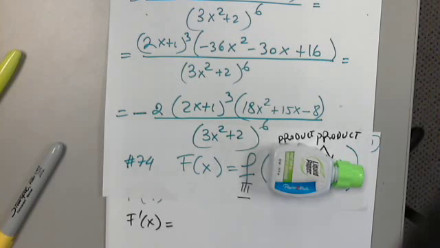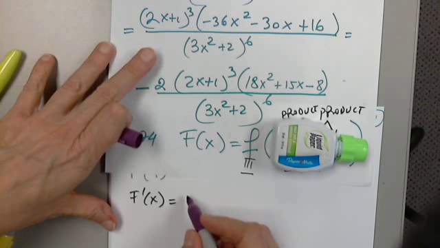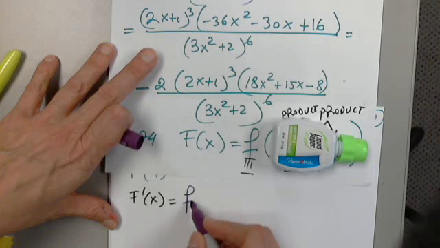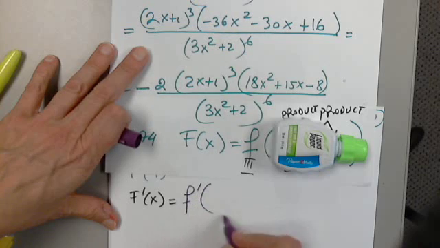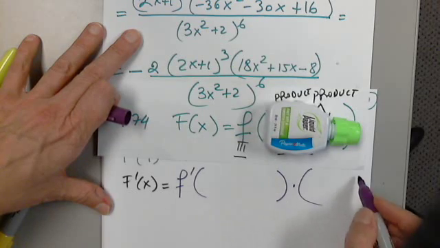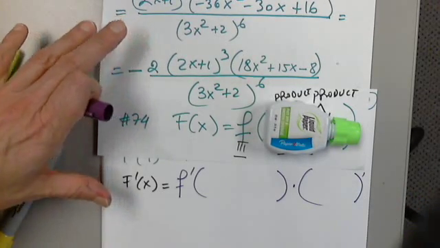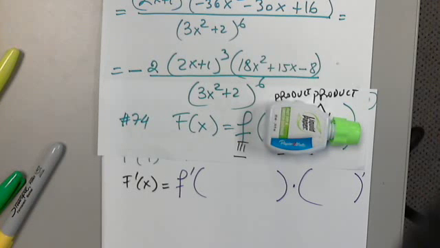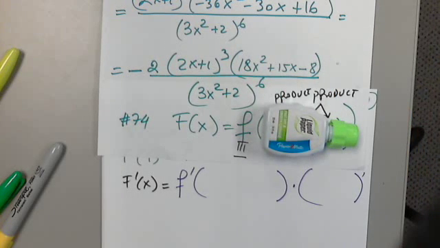So f of a function, prime, is f prime of this whole thing multiplied by the inner function prime. So every time you see something weird like this, always take it slowly. You should just cover it and think, okay, I'm differentiating a function of a function, so first I have to write f prime of that times the inner function prime.